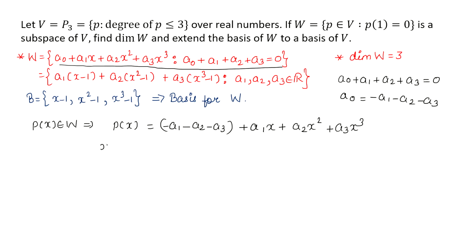So if I put, say, a1 is equal to a2 is equal to a3 is equal to 0, then by this definition of an element of W, p of x should be equal to 0, right? Because minus a1 minus a2 minus a3 will be 0 minus 0 minus 0, which is 0, plus all the other terms will be 0. So p of x will be equal to 0 and that will be an element of W.